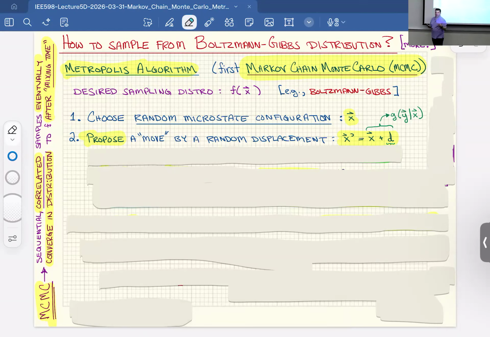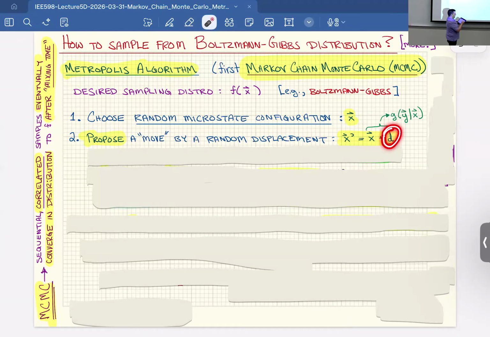You can imagine I just draw a zero mean normal perturbation to this initial point. I'm going to call that D. D could be normally distributed, or I could have a general process here of coming up with a new sample based on the previous sample.